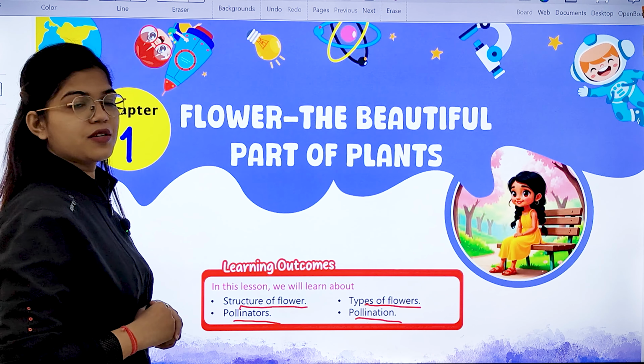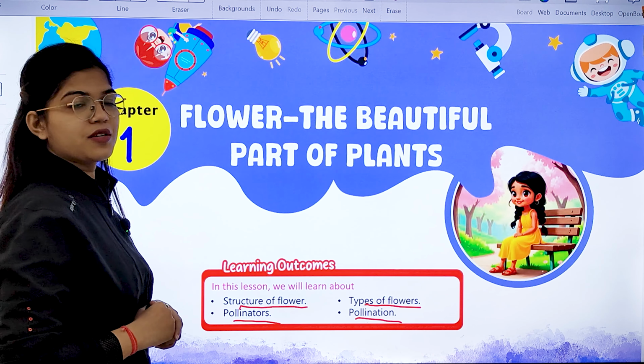Now let's discuss all of them one by one. First of all, we are going to talk about male part. And male part of the flower is known as stamen. See, the male part of a flower is stamen, and as I told you, it is made up of two further parts, that is filament and anther.